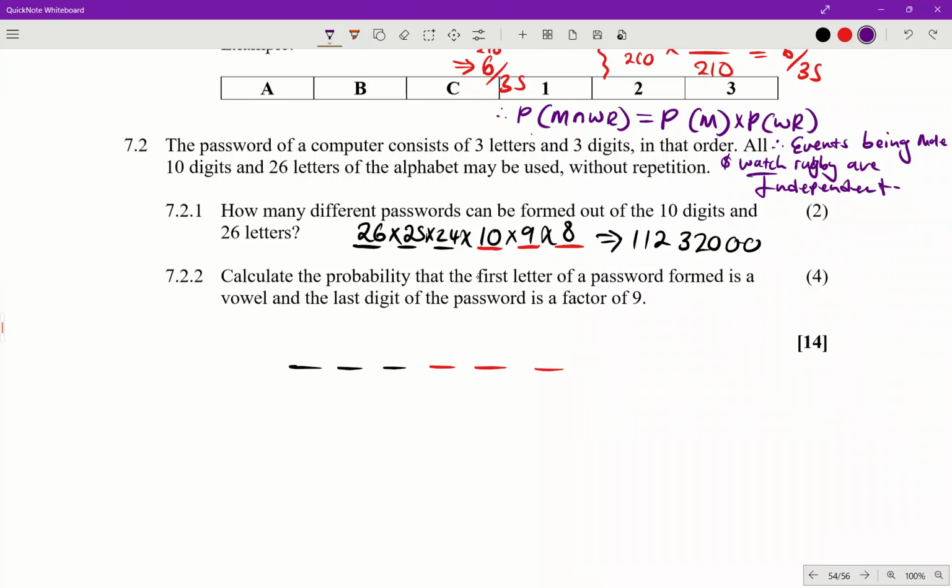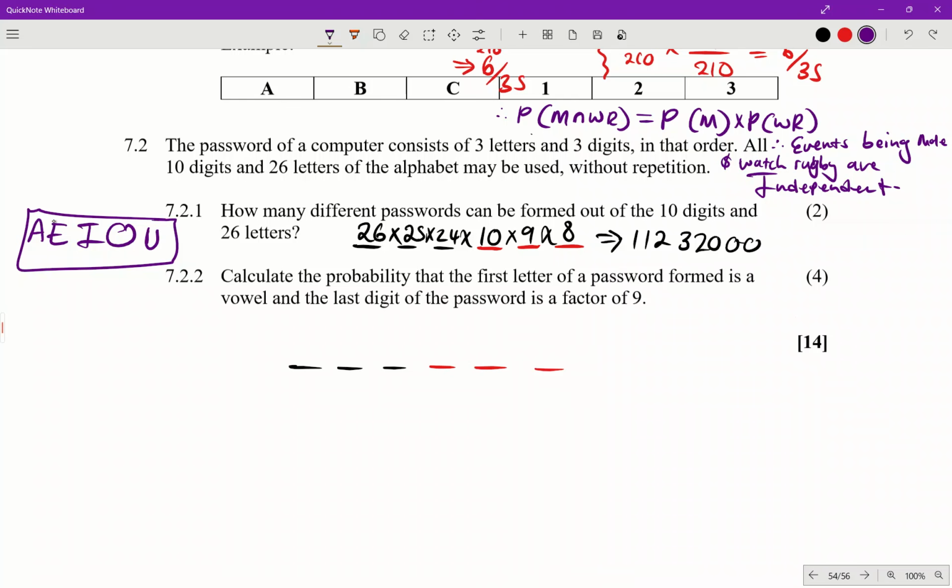How many choices do we have? If we have A, E, I, O, and U, how many choices or probability chances do you have to choose from, guys?